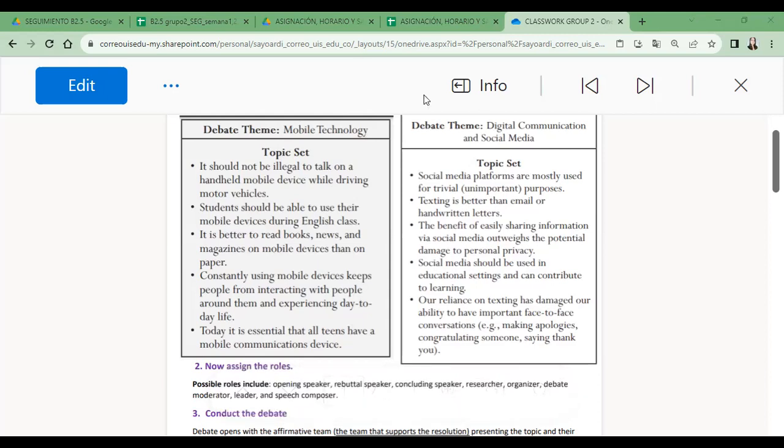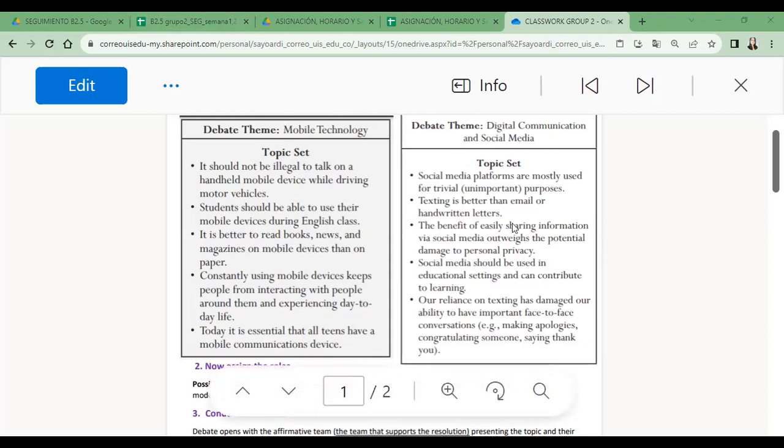Let's try to see if we can get to a closer one. So let's vote for mobile technology. React very quickly. Use your reaction for showing me. No one on mobile technology. Okay, that was easy. So forget about that one and let's choose from digital communication and social media.